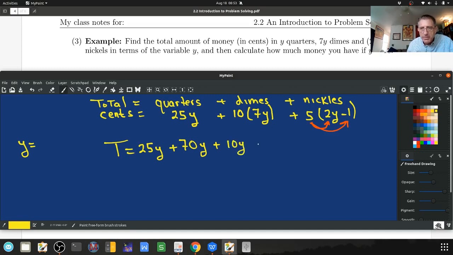And 5 times minus 1 is minus 5. So let's go ahead and combine like terms. 70 plus 10 is 80. 80 plus 25 is 105Y minus 5. And remember, Y is given to you as the number of quarters.